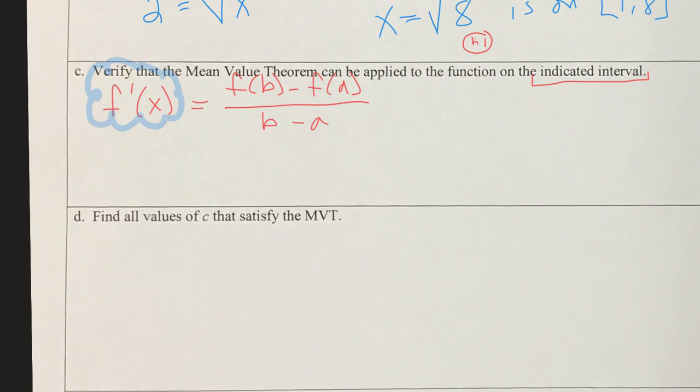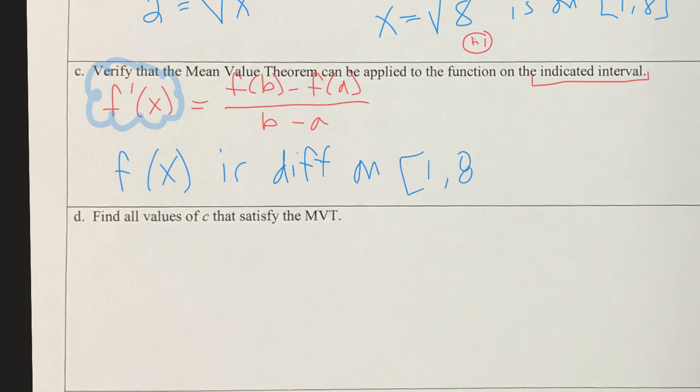So we can, well, I guess that's really all we have to do. So f prime is differentiable. Sorry, not f prime, but f. Let's erase that f prime. f is differentiable on the closed interval from 1 to 8. Actually, differentiable on the open interval, right?